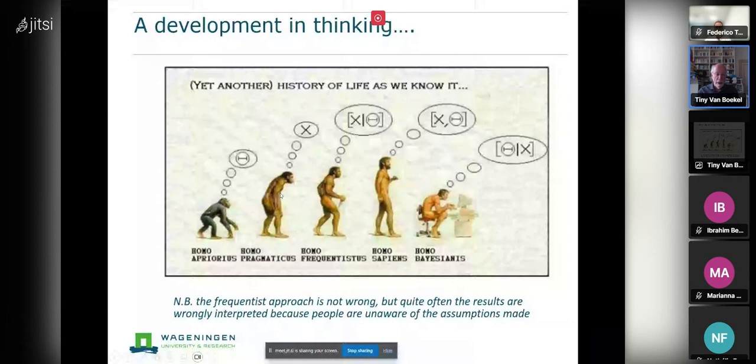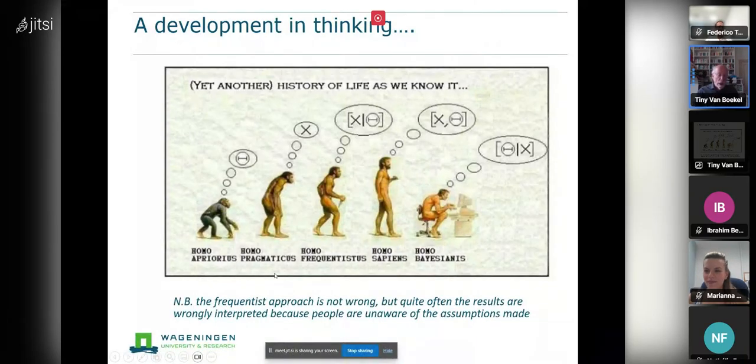It was about thinking. Then in the 20th century, which we still learn today, is the Homo frequentistus, which means that we are all taught with the frequentist approach. But now we became more wise and we try to combine the data and the hypothesis, and we end up with the Homo Bayesianis. I thought it was a funny picture, so I just wanted to share that.